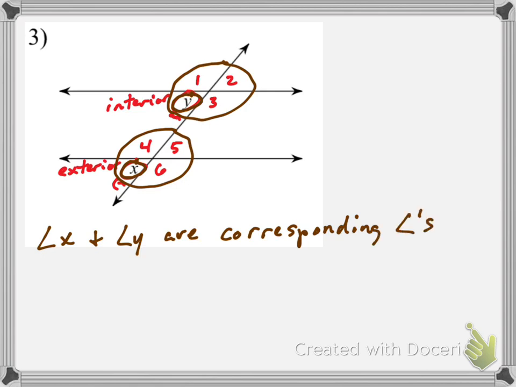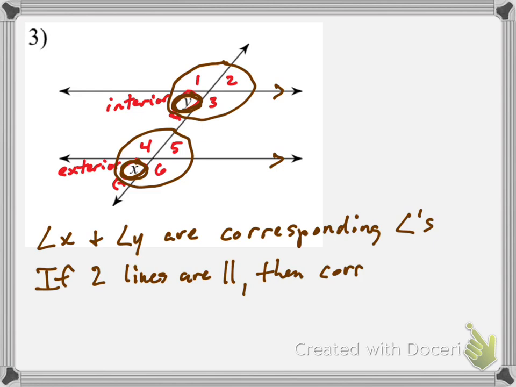You're not always going to be able to write the numbers in, but Y and X are in the corresponding positions on their respective lines. So now, if two lines are parallel, then corresponding angles are congruent. So again, angle X is congruent to angle Y.